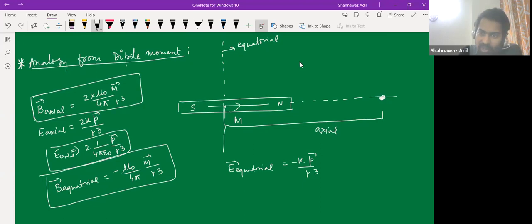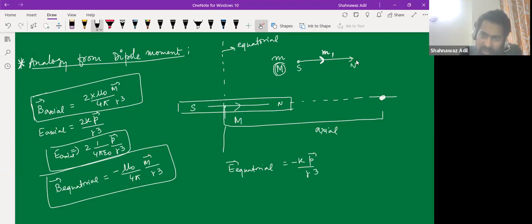If you would be given something like this, and this is the magnetic dipole moment, sometimes they denote it by M and sometimes by m. So always remember that magnetic dipole moment is this, which means that this would be south and this would be north.